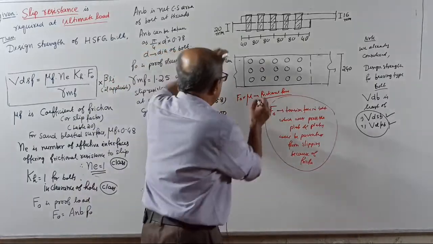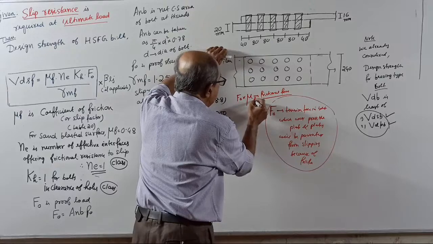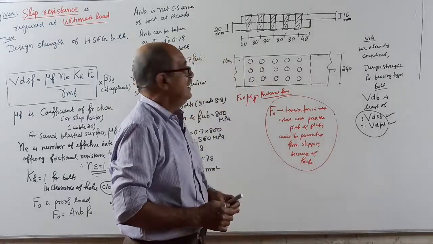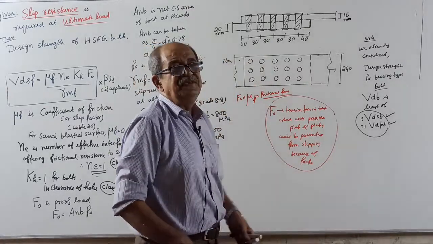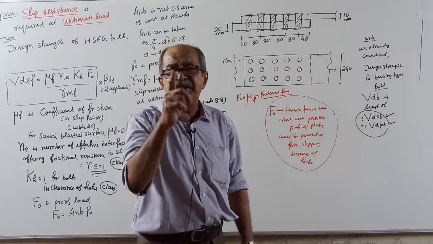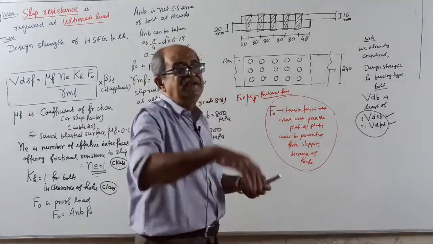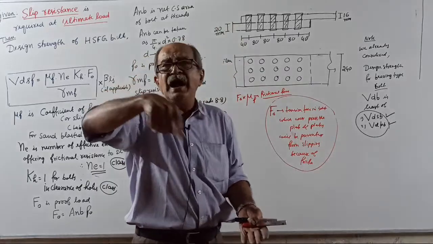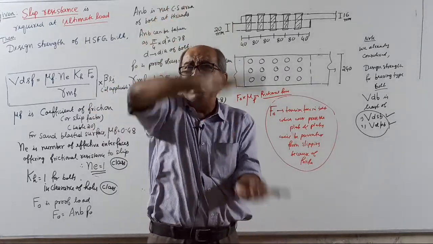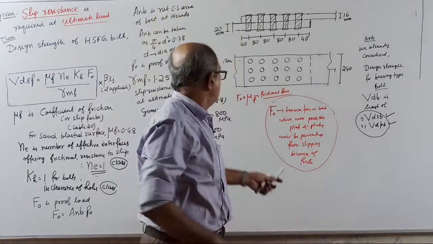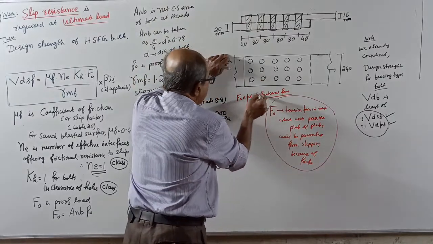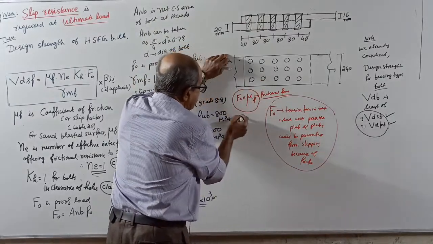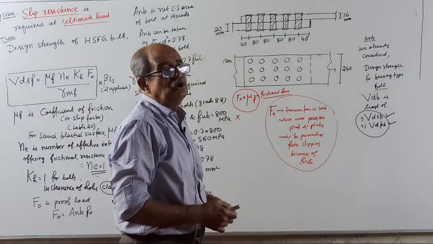Here they call it mu F. Frictional force is equal to coefficient of friction into the tension in the bolt, whatever force is perpendicular to that plate plane. Now, this is the frictional force.